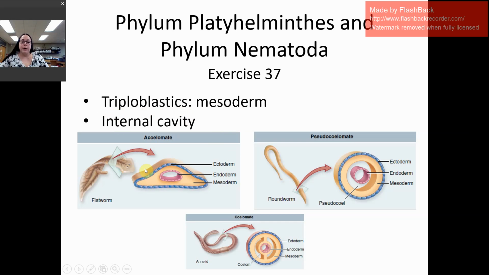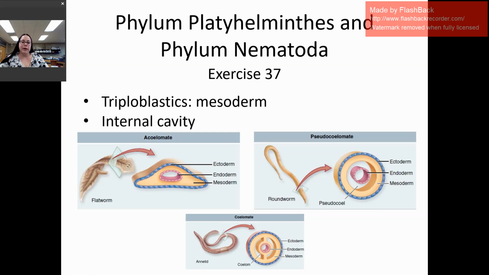Okay. The next thing that you have to know is that in organisms that are triploblastic, there is the possibility for them to have a body cavity in their mesoderm. That body cavity is called a coelom. This is written right here, coelom. In humans, for example, the coelom is the body cavity that is in between the wall of your belly and your intestine.